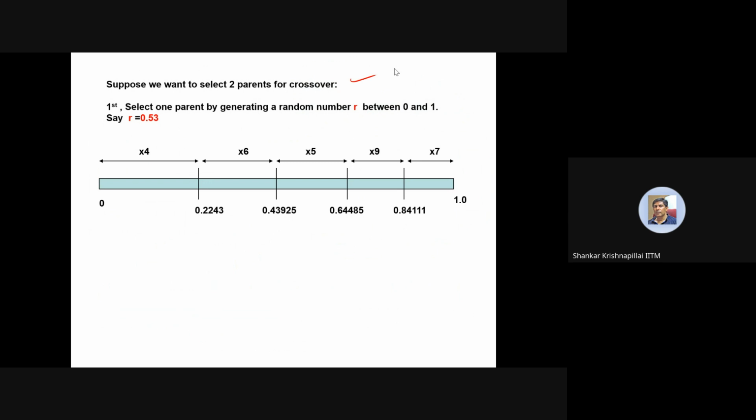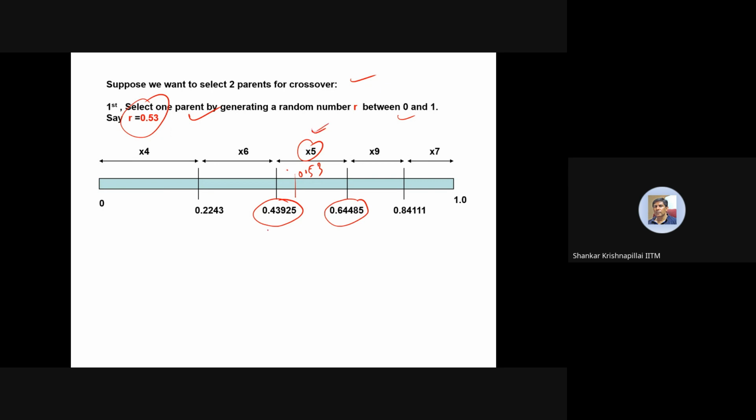Select one parent by generating a random number R between 0 and 1. Suppose R is 0.53. You can assume R is the roulette wheel ball. So that ball will fall in this slot, the X5 slot, because 0.53 is somewhere here. This is 0.439. This is 0.64485. So it will fall in the slot of X5.